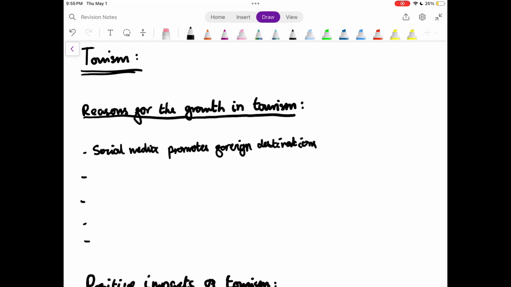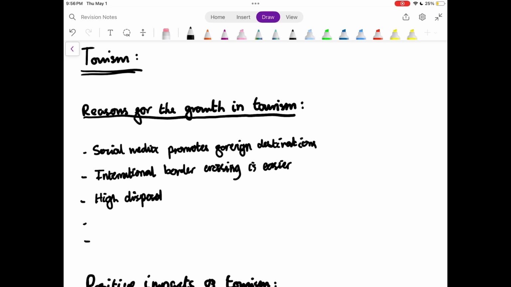The next is international border crossing is easier. There's a high disposable income, and the cost of transport is cheaper.